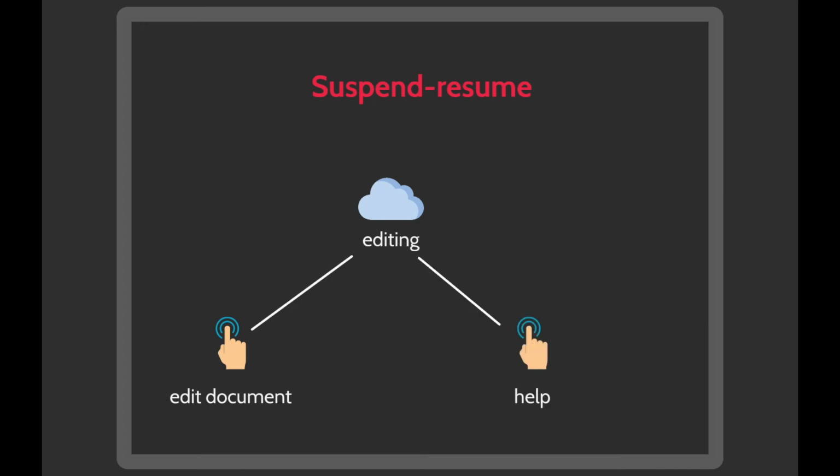While help is performed, it's not possible to edit anymore. And then when we finish that, editing is resumed, and if the user needs help, he can click again on the button. It will interrupt the editing. This symbol is used for this relationship.